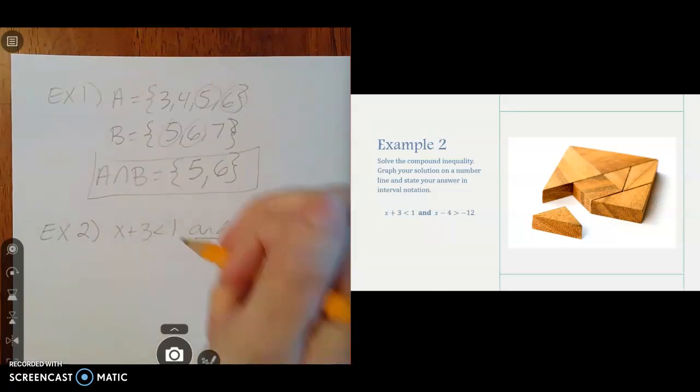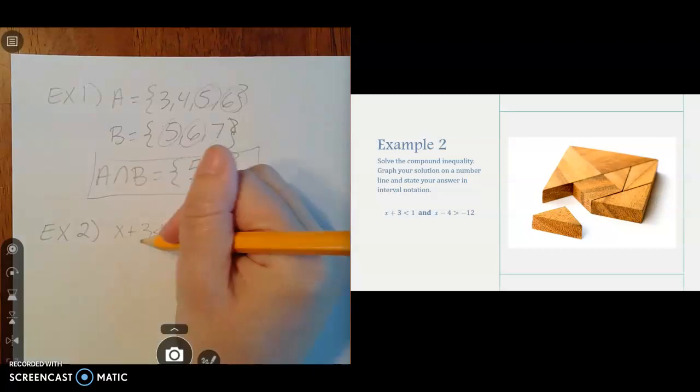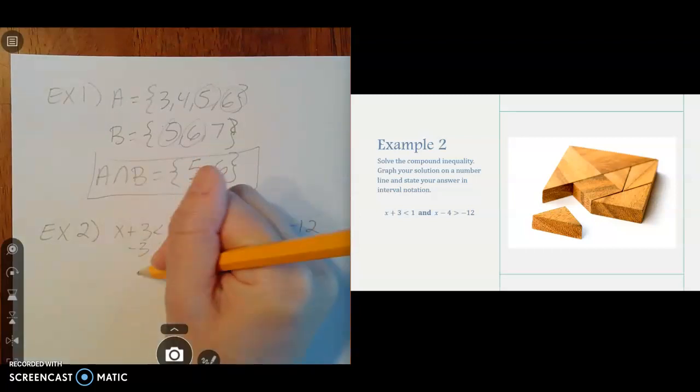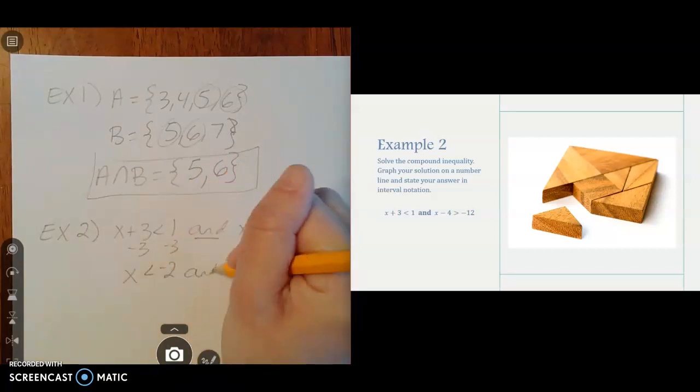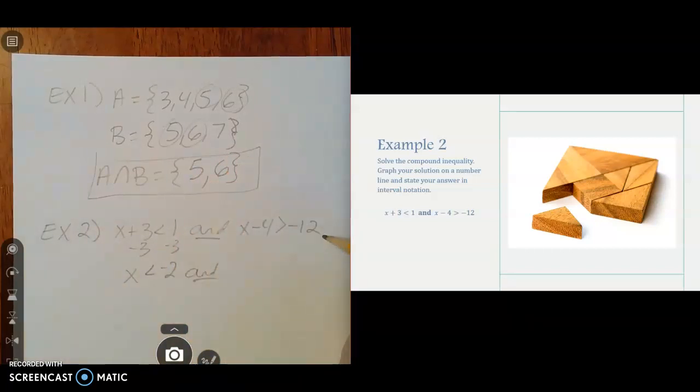If I want to solve the first one, I would just subtract 3 from both sides. So I'll have x is less than negative 2. And if I solve the other one, I'm going to add 4 to both sides. So x is greater than negative 8. Then I'm going to graph both of those on a number line.